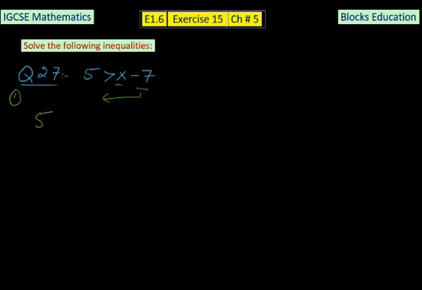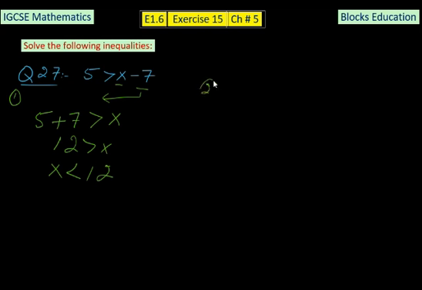Because it is minus 7, it will be plus 7, and the inequality remains greater than. So 5 plus 7 is 12, and it is 5 greater than x. Better to write x on the left side, so x is less than 12. There is no difference, because the mouth is toward 12 and the pointed part towards x in both, so it still stands the same.